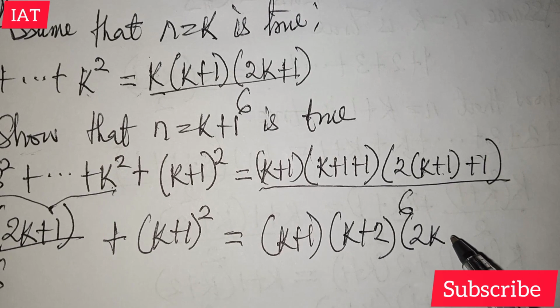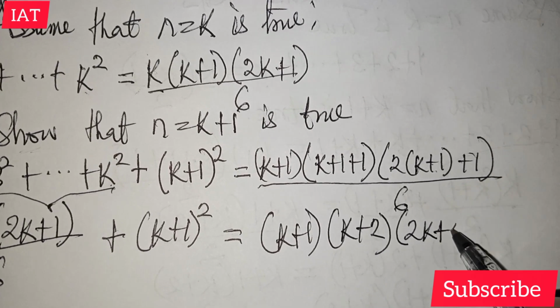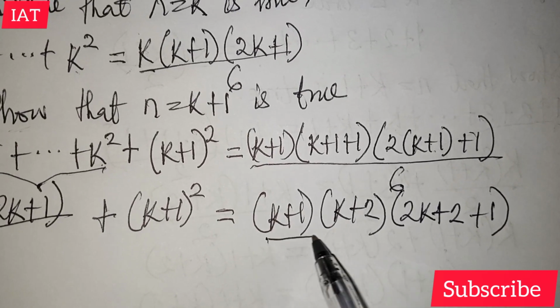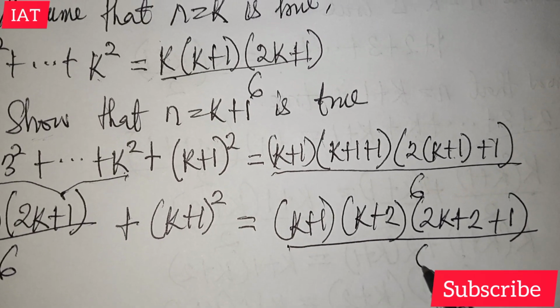So that 2 is going to distribute to those values. We have 2k plus 2 plus 1 all over 6.